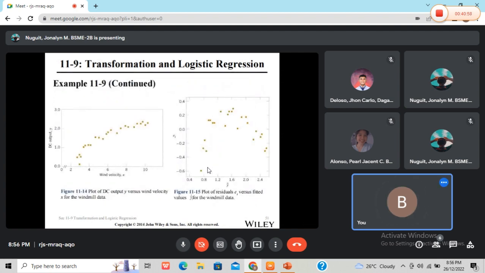In figure 11-14, plot of DC output y versus wind velocity x for the windmill data. On the left is the plot of DC output y versus wind velocity, and on the right is the plot of residuals e versus fitted values y hat for the windmill data.